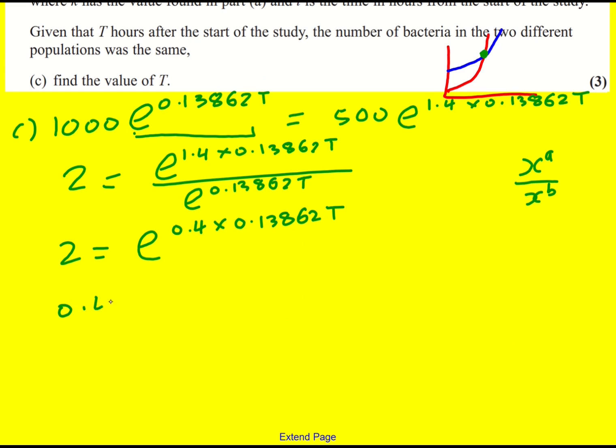That means 0.4 times 0.13862t is going to equal ln 2. I've just undone the logs. You can apply ln to both sides if you prefer, but that is what this is going to give. And then t will be ln 2 divided by that.